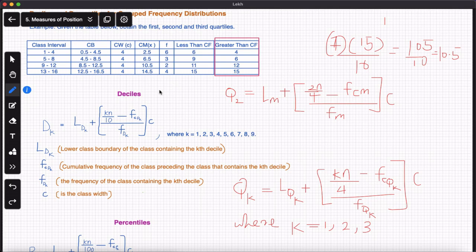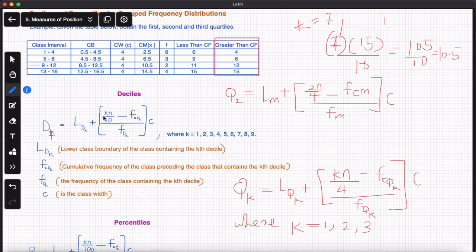And since we have it there, then I can say this is our 7th decile class. So don't forget, I'm using K equals 7 here. Since this is the class that contains the 7th decile, we can begin to obtain the other values now.